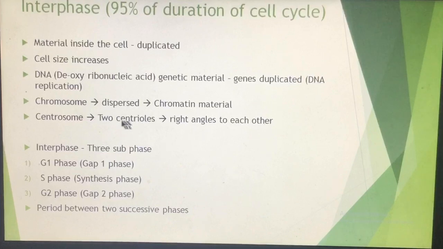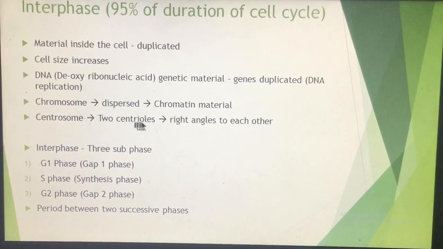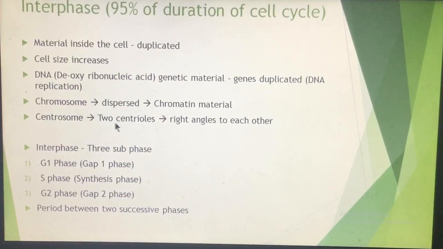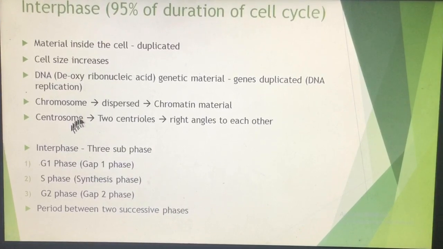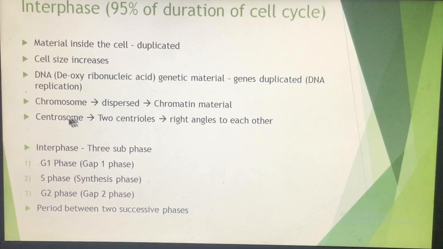So how many centrioles are there? There are two centrioles, and these two centrioles lie at right angle to each other. Suppose one is in a horizontal position, the other is in vertical position. So the two centrioles which are formed by the centrosome lie at right angle to each other. That means the division of the centrosome takes place inside the cytoplasm.